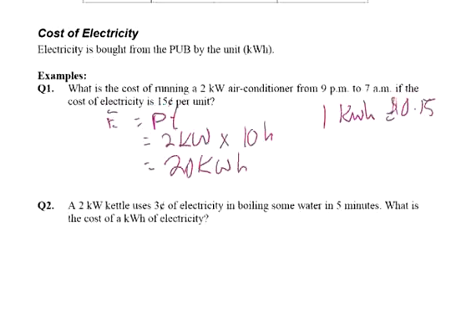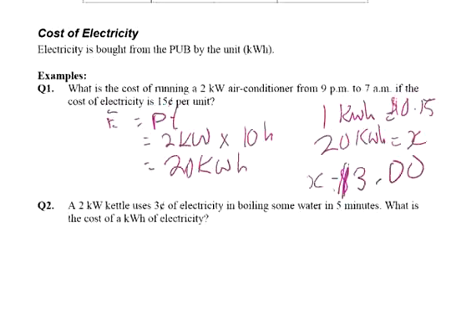If you have 20 kWh, it will give you X. Cross multiply, X will give you, is it $3? Yeah, $3 if I'm not mistaken, so it's $3.